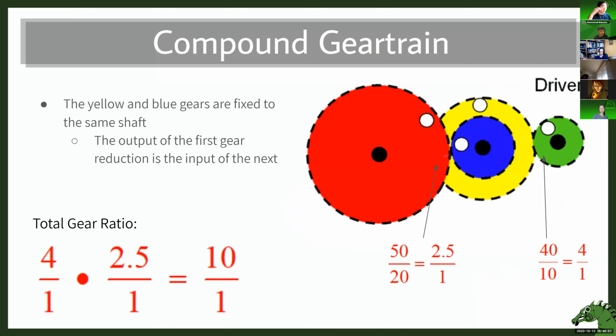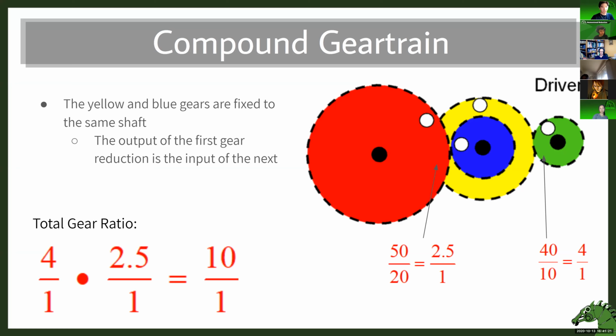So you might be thinking, okay, but if you go up a little bit, you saw a bunch of gears all packed together. Why are they there? Are they just there for fun? No, they're not there for fun, because that's actually a compound gear train. A compound gear train is the same thing as a compound machine.